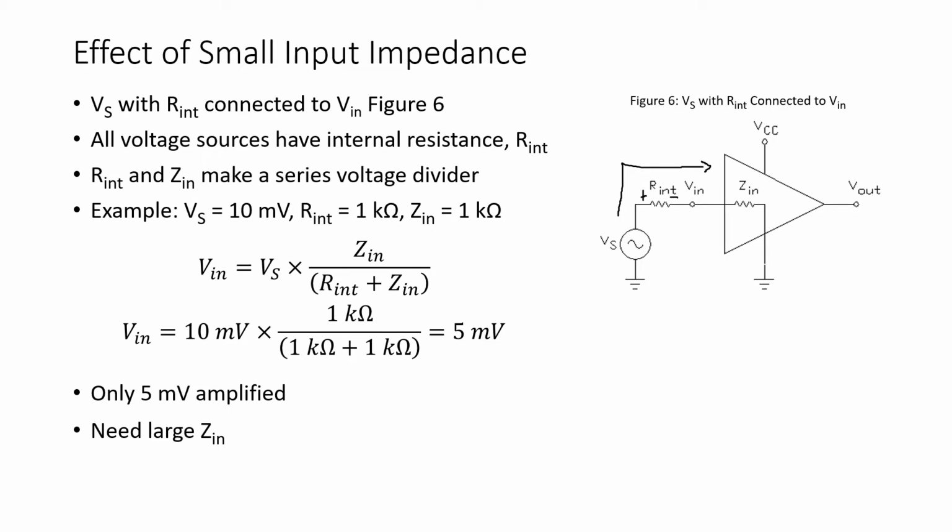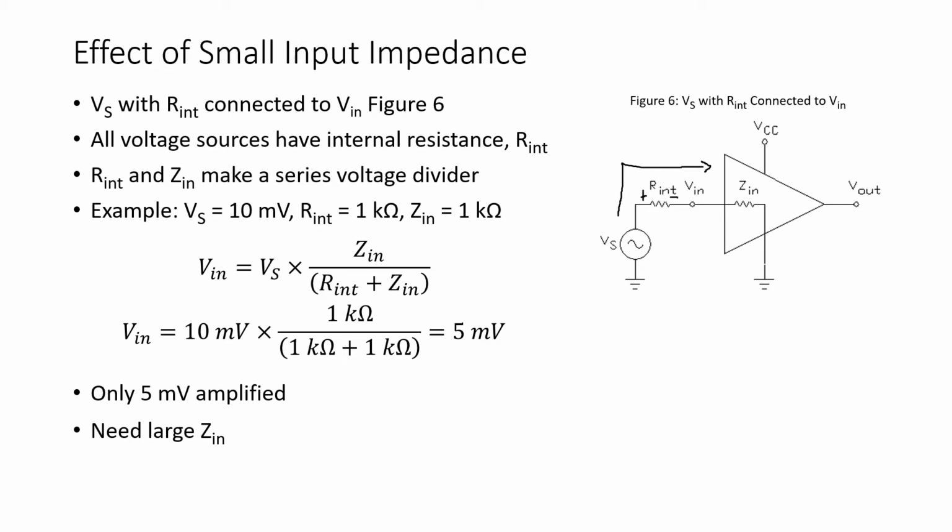Mathematically, we can calculate Vin using the voltage divider formula. Vin equals V source times Zin divided by the sum of R internal and Zin. So for the values given, a source voltage of 10 millivolts, an input impedance of 1 kiloohm, and an R internal value of 1 kiloohm, note that we only have 5 millivolts applied to Vin.